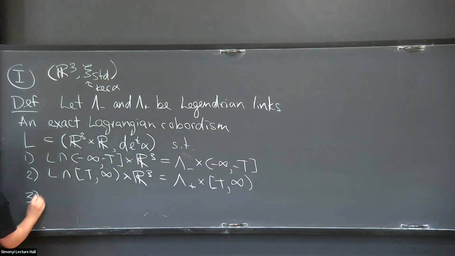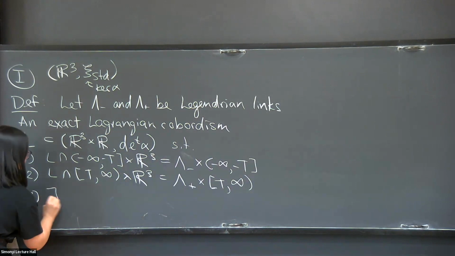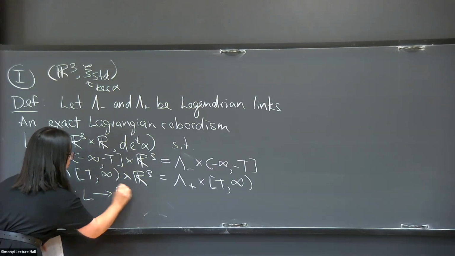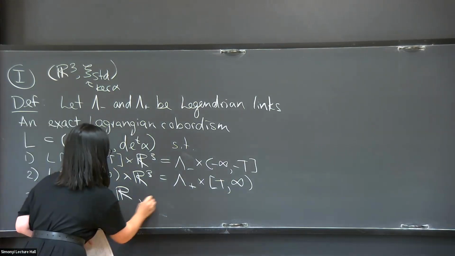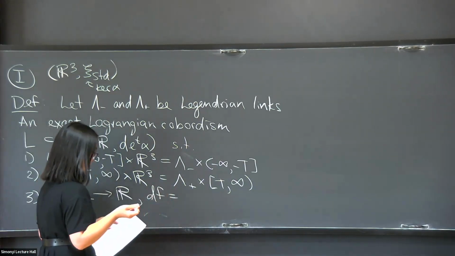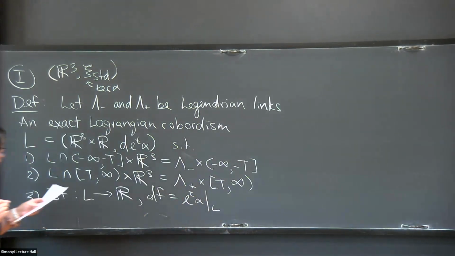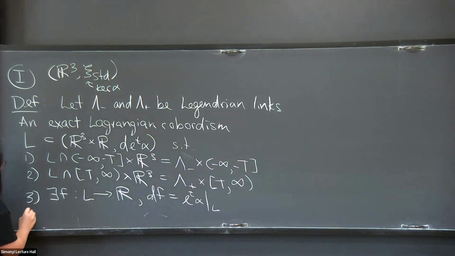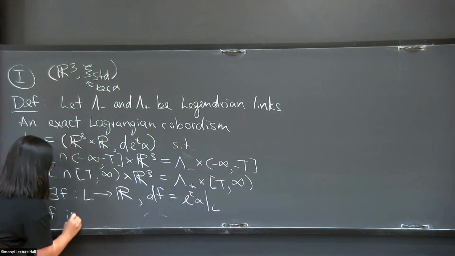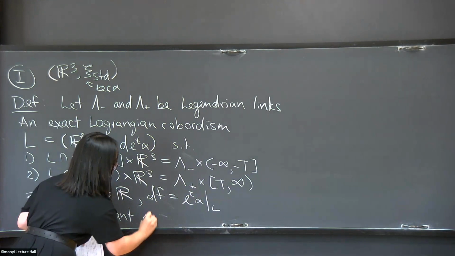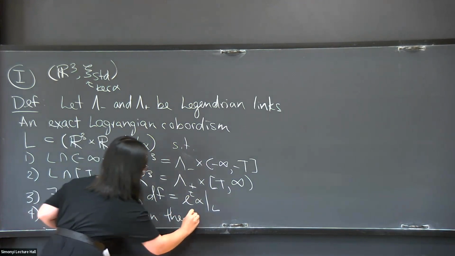And the third thing that I'm going to require is this exactness. So there exists some function f from L to R such that df is going to be e^t alpha when restricted to L. And there's one extra thing that I'm going to require, and it's that f is constant on the cylindrical ends.